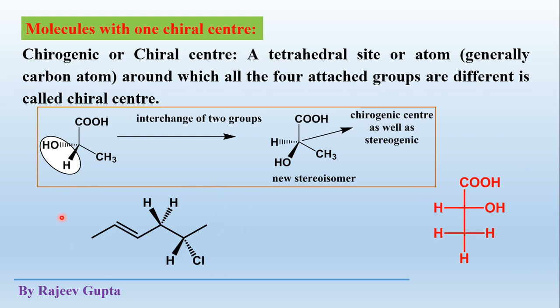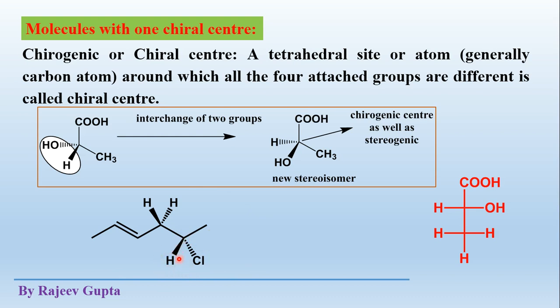See this molecule. Here a double bond is present. This carbon contains 2 hydrogen atoms and these groups. So is this molecule chiral or achiral? This molecule is chiral. See, this carbon atom is the chiral carbon here.